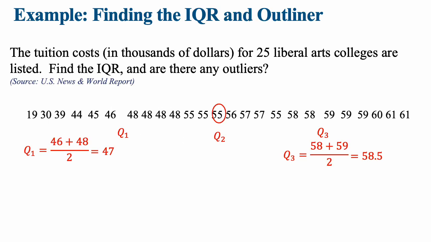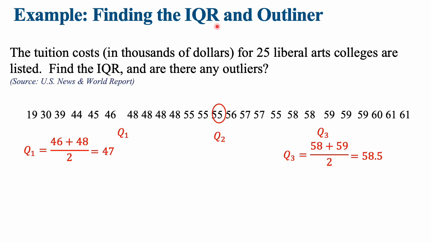Here is the tuition cost for 25 liberal arts colleges. Find the IQR and determine whether there are any outliers. So here is the data set. I already found the median, first quartile, and third quartile, okay?